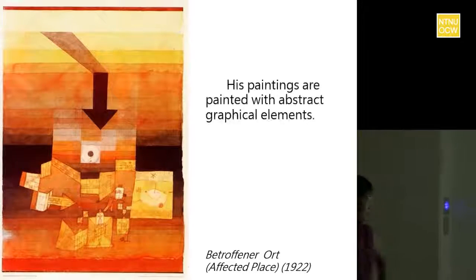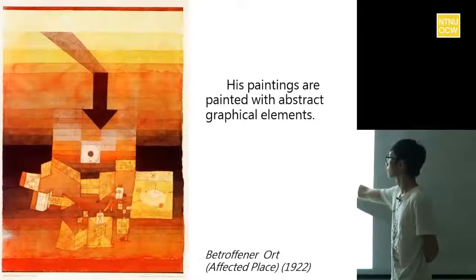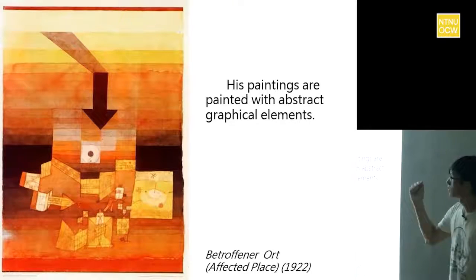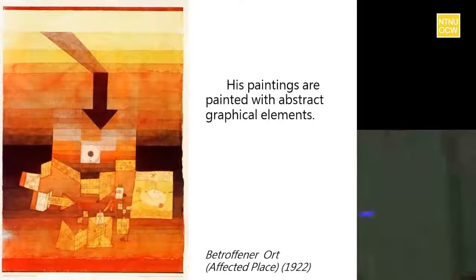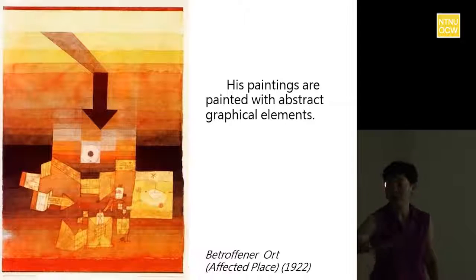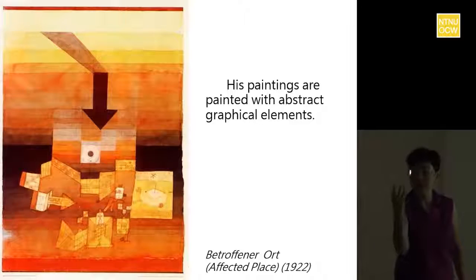It is another one. His paintings are painted with abstract, graphical elements. Graphical: remember the word photograph? The graph has a lot to do with writing, with inscription, with letters.